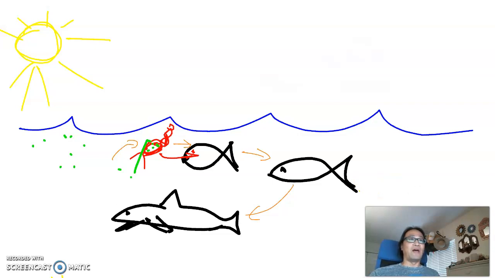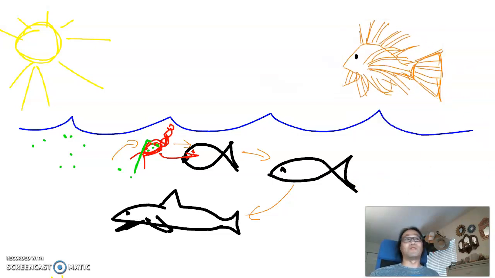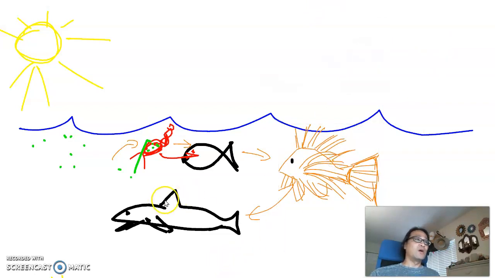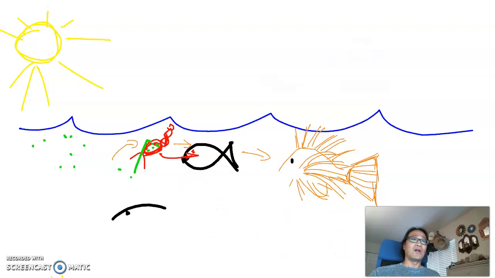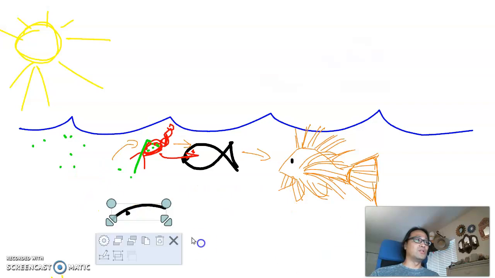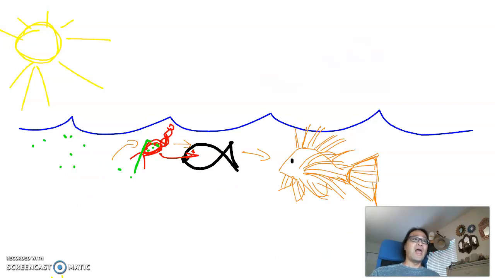For example, if you have an invasive, say the lionfish, I'm putting it up here for now, it will outcompete other fish for the prey, and as well, because all these spines on the lionfish inject a toxin, not a lot of things are going to be able to eat this successfully and survive, which means that they are no longer limited to predation, and that nixes all the upper level predators.